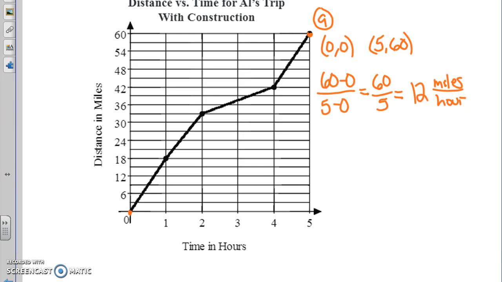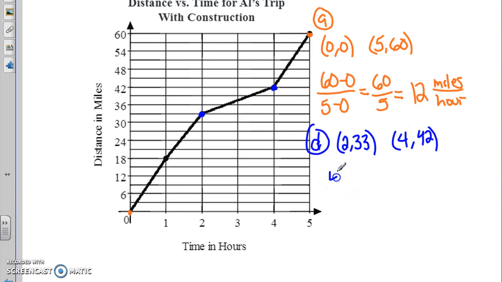Okay, and let's just skip down. We'll do D. D says, what is Al's average speed from 2 to 4? At 2, his distance is 33, so that would be (2, 33). And then at 4, his distance is 42, so that would be (4, 42).